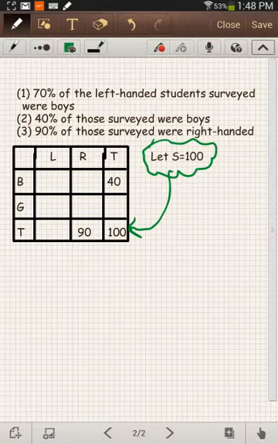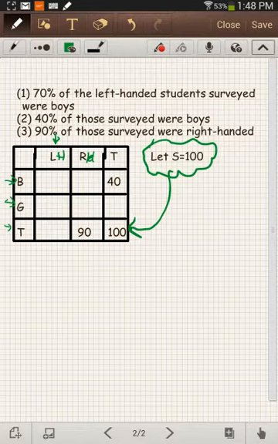Total number surveyed. The rows going across are boys, girls, and total. Columns coming down are left-handed, righties, and total again. Let's see how this table approach makes it easier for students to represent the information.